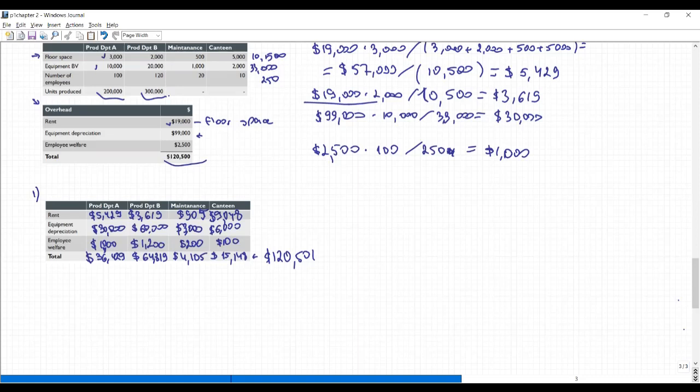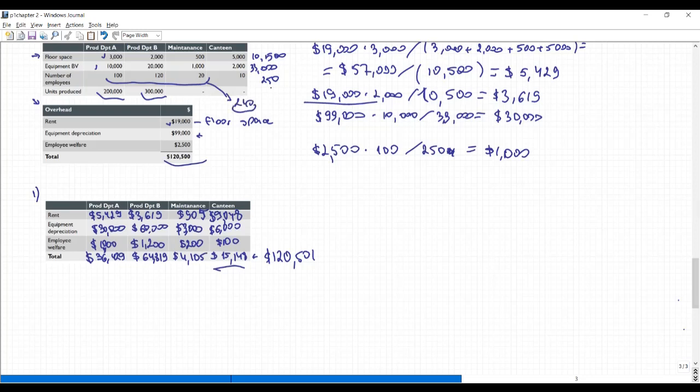Well, let's look at canteen. Canteen has overhead of 15,148. We are going to take this overhead and spread it between departments A, B, and maintenance. How do we do that? Well, what will be the relevant basis? The relevant basis would be employees. So canteen works to feed how many employees? 240.